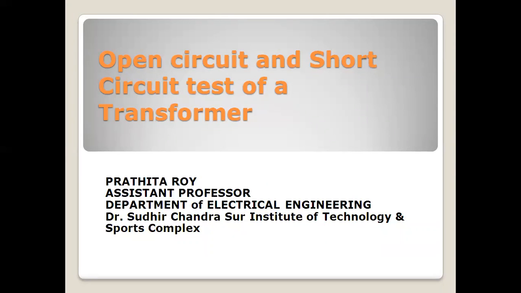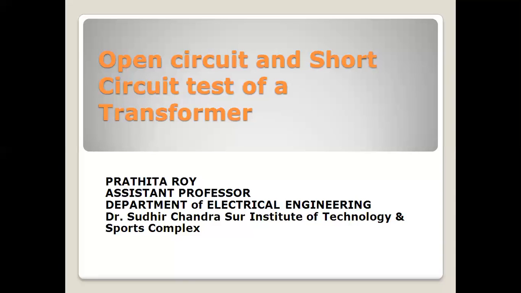In our previous lecture, we have seen the different losses that are associated with the transformer, along with the different parameters that we can find in order to obtain the equivalent circuit of a transformer. In order to find those parameters, two tests are done on a transformer.